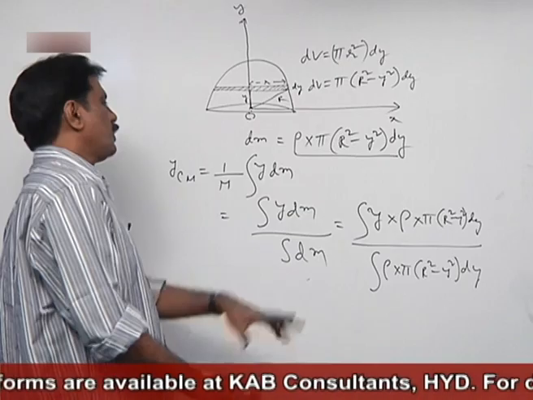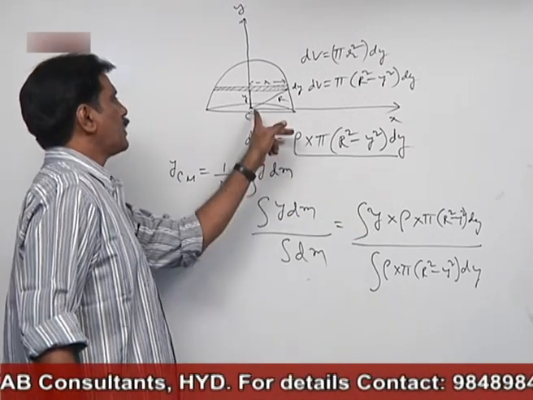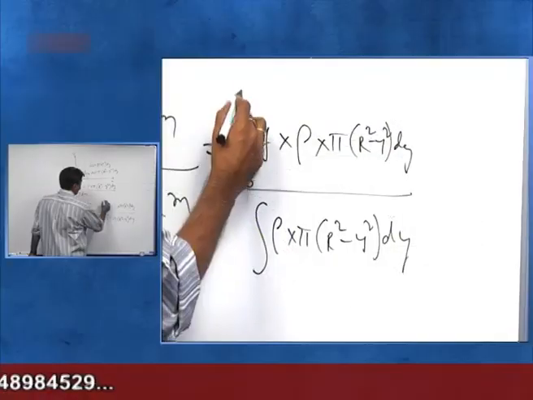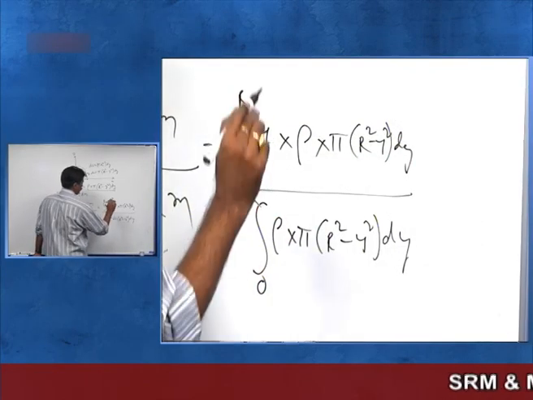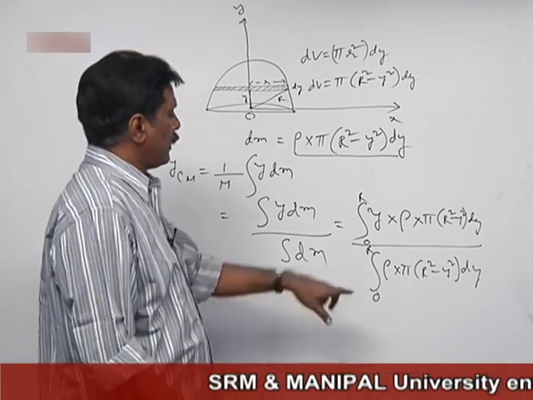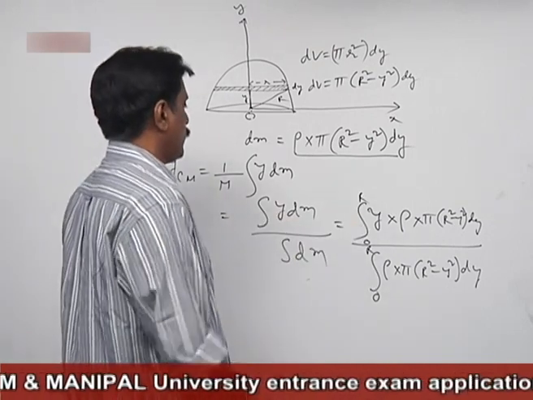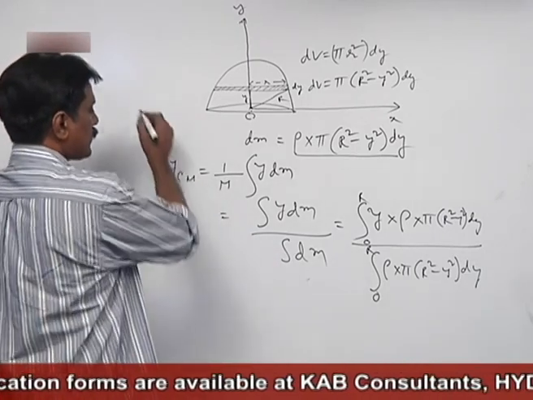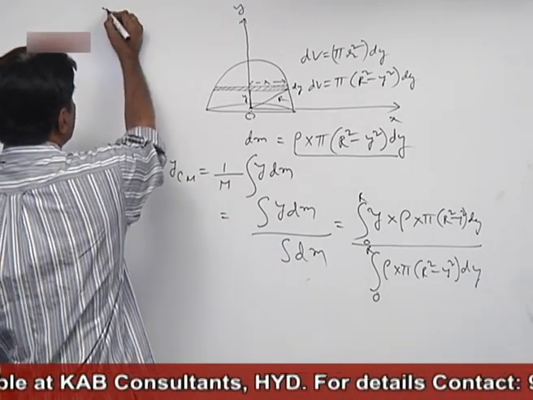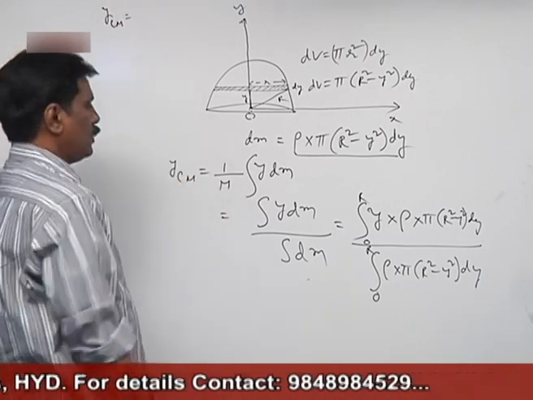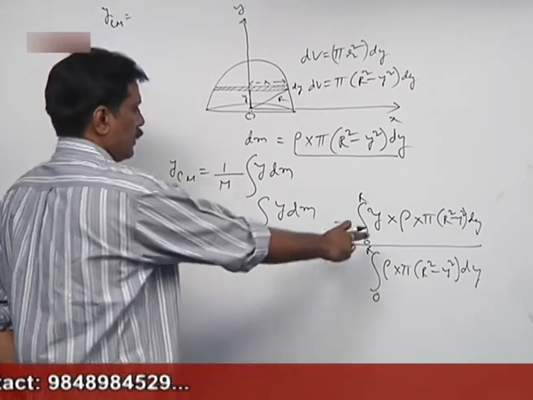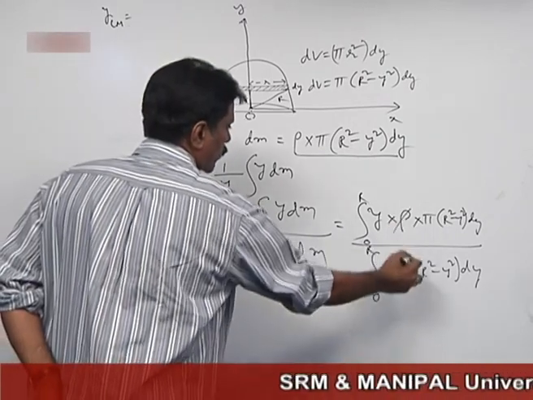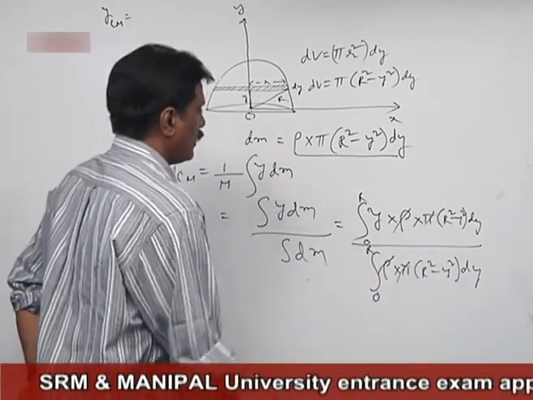Now what are the limits? We are integrating the function in terms of y, so the limits of y are from 0 to r. These are the limits. Now let us try to integrate this. YCM is equal to, rho gets cancelled, pi gets cancelled.